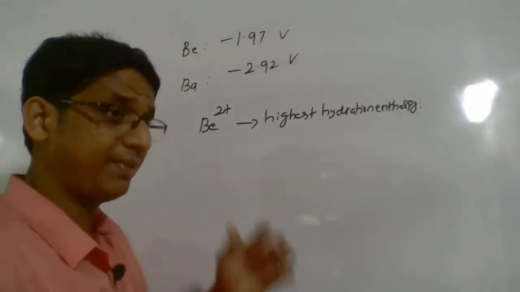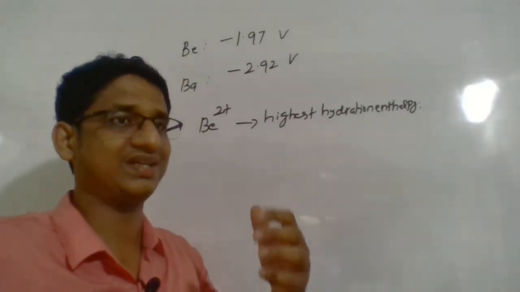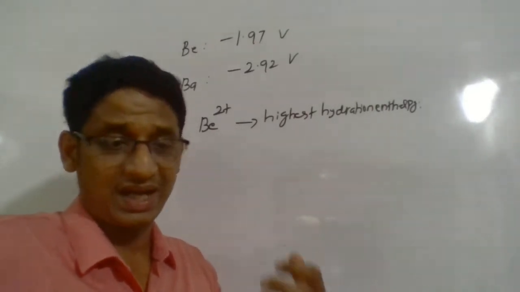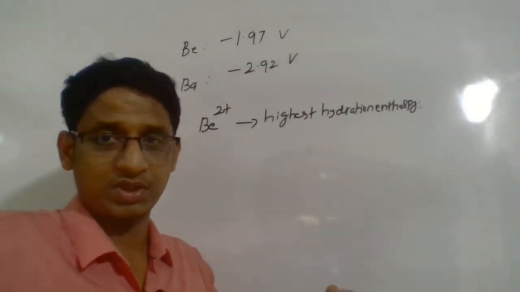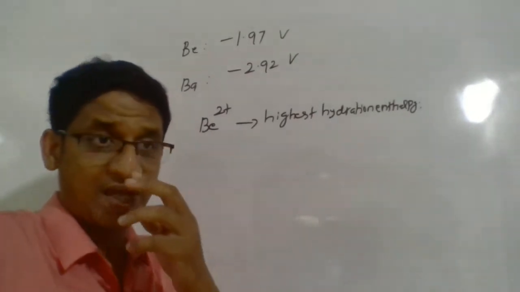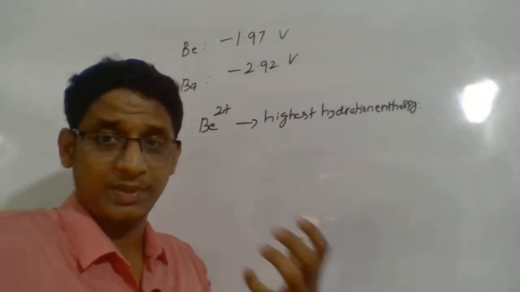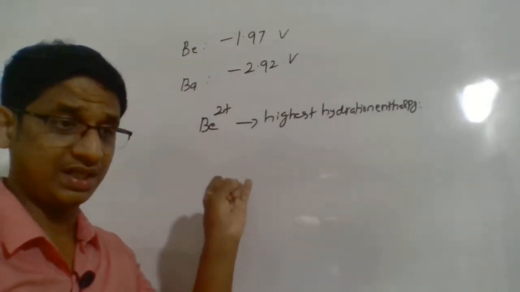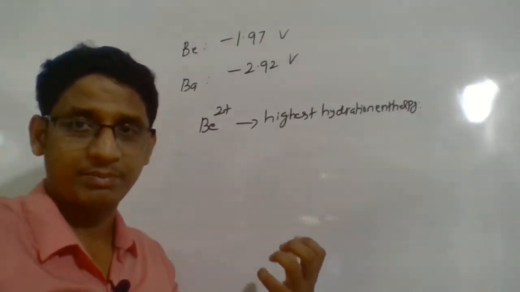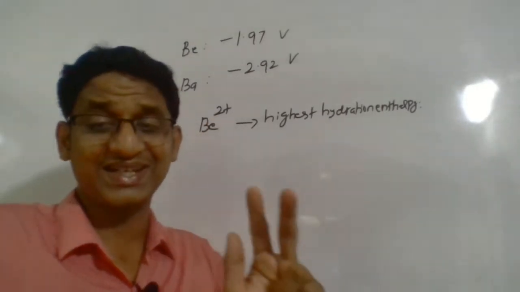Now if you compare lithium and beryllium, I already said lithium has the highest hydration enthalpy among alkali metals, that's why it has a large negative standard reduction potential value. In that sense, you may think beryllium should have the least negative reduction potential value, because beryllium has a higher hydration enthalpy compared to lithium, but it's not so, because here we're talking about first and second ionization enthalpy.